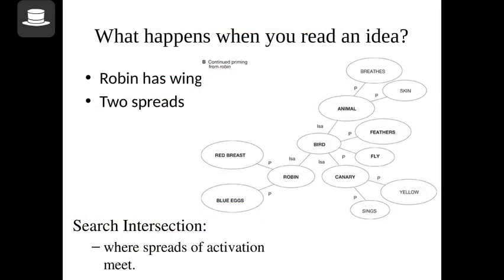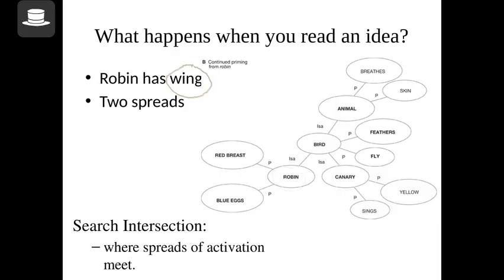Well, the third one is, for instance, if you're reading a sentence or an idea like Robin has wings, there are two spreads here. One spread that starts from the concept Robin, the other spread that starts from the concept wing. If you say President Trump, Trump is the 45th president of the United States, those two concepts get activated.